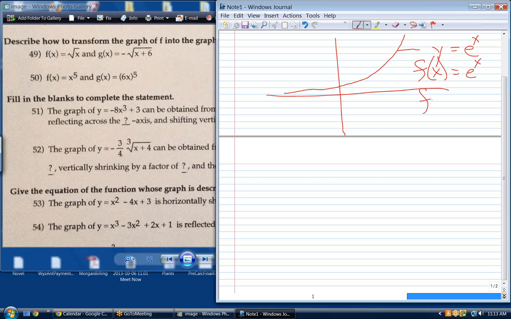Well, f of minus x, since the minus sign is inside the function, should be a reflection across the y-axis. Well, what is f of minus x equal to? Isn't it just e to the x? Always plug in whatever's inside the parentheses for x. So it would be e to the minus x.